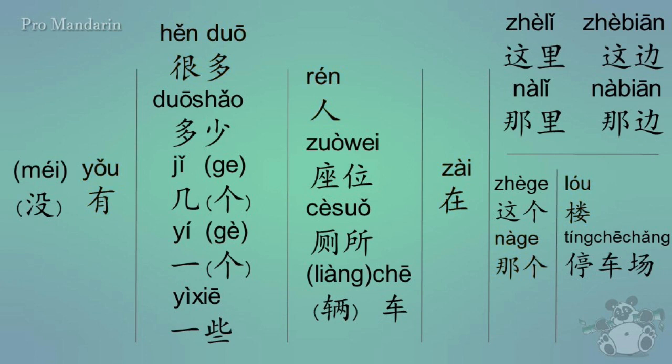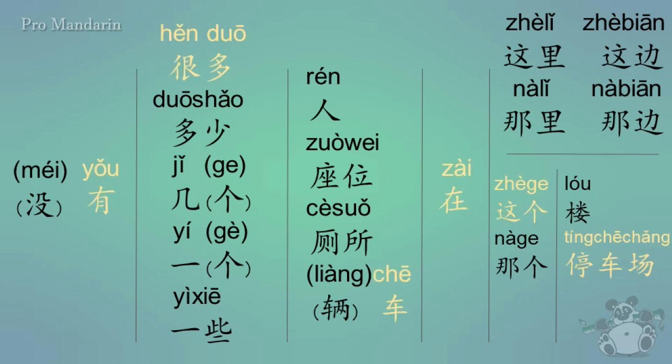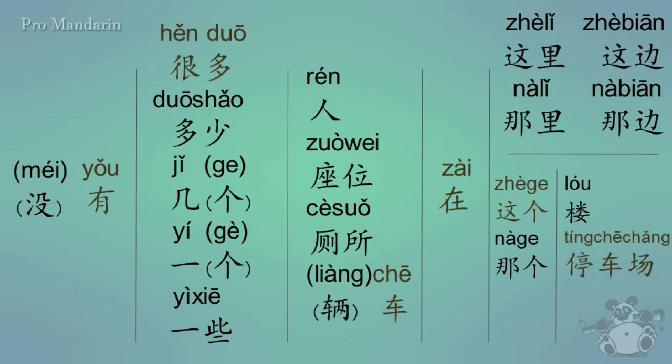All right, let's practice one more here before we finish the lesson. How would you say there are a lot of cars in this parking lot? 有很多车在这个停车场. All right, so that'll wrap up our lesson for today.